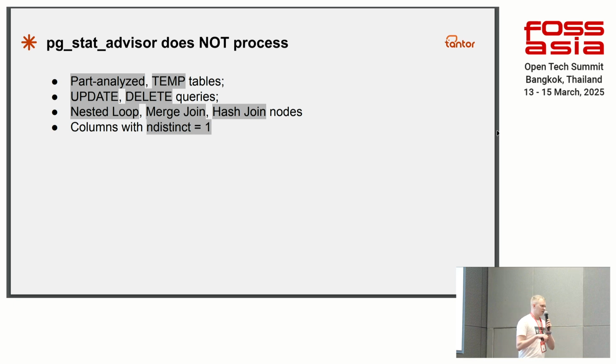And the fourth, it is not an obvious criterion, but if you have a column with only one value, then if you calculate dependencies between this column and another column, it will always be independent, because one column is not related to the other. And it is weird to create extended statistics on these columns.